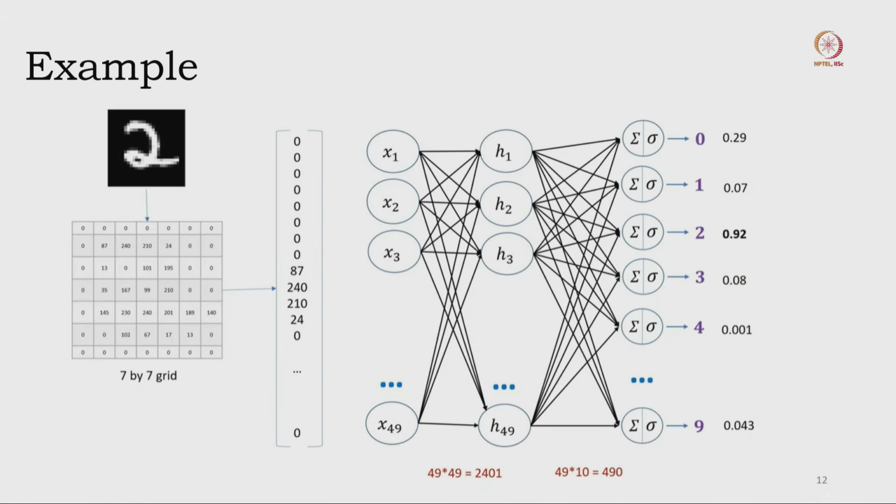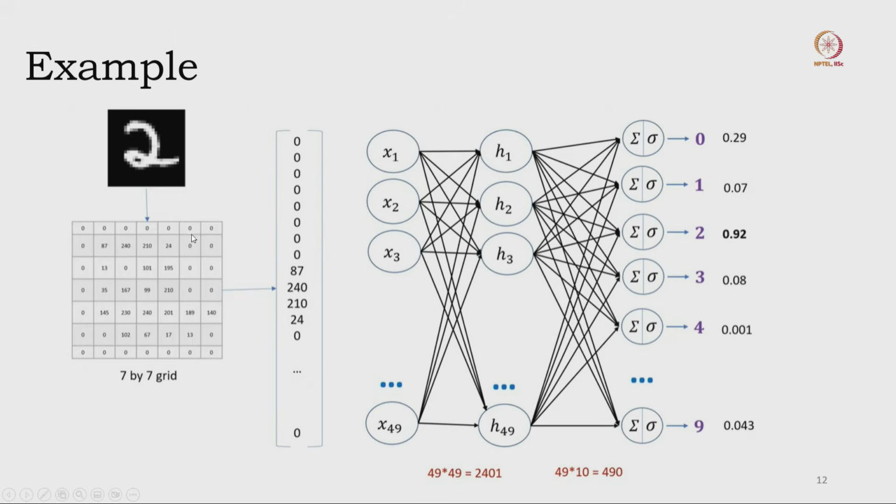Let us get a little more into the technical aspects of why one cannot use a multi-layer perceptron when dealing with images. See, here is an example, a 2. The 2 is represented in the form of a matrix, where you can see there is no information present in the corners.